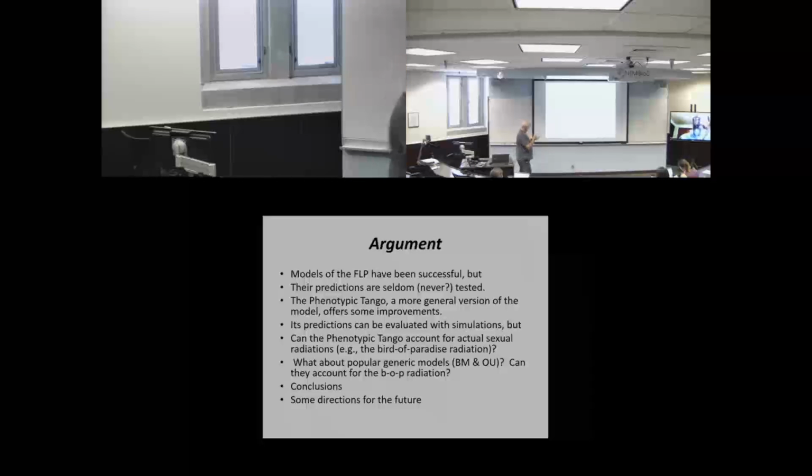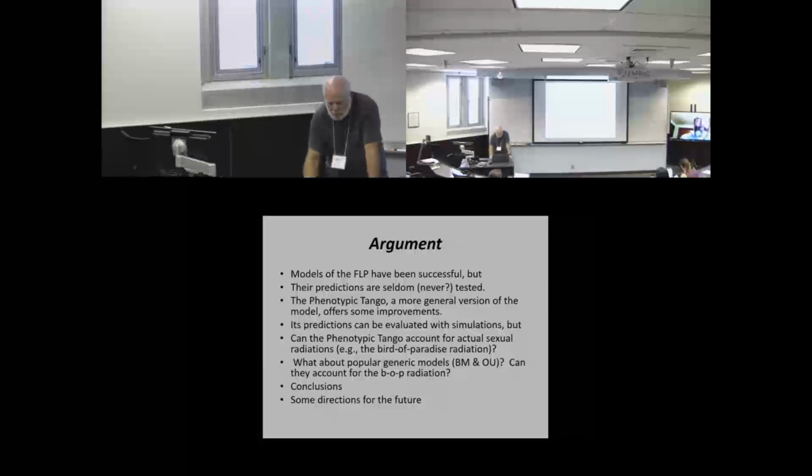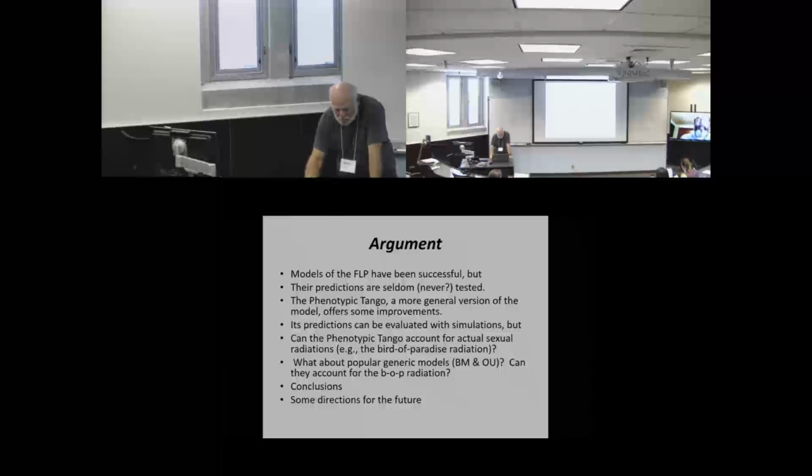In particular, we'll be looking for whether we can take the parameters output in OUwie and use them to estimate the parameters figuring in the original theoretical formulation of the Lande-Fisher process. One of the things we're trying to do is connect OU and BM models in general up with the sorts of problems, the sorts of phenomenology we're trying to explain with birds of paradise. And then we'll reach some conclusions. We'll talk about the future.